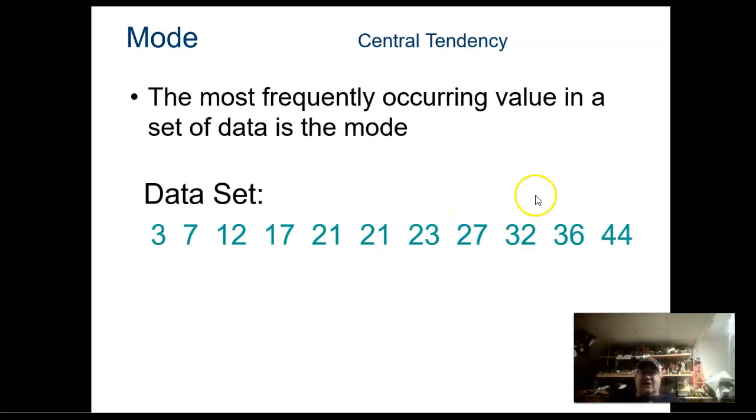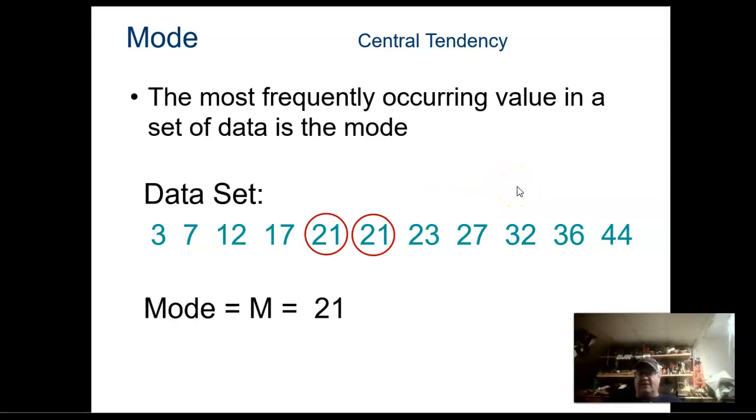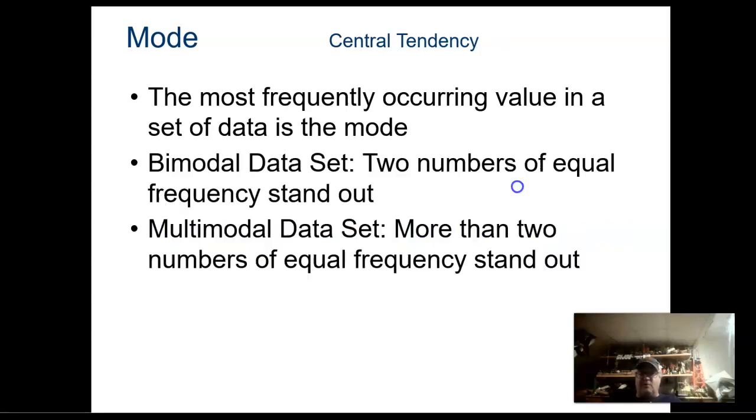As you take a look at this data set to calculate the mode, we can see we rearranged the data set from smallest to largest here. And the mode, the number that appears the most frequently, is 21. So in this case, the mode is going to be 21, and we would say M equals 21. So that is the mode.